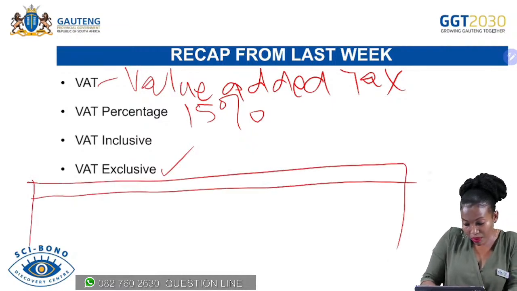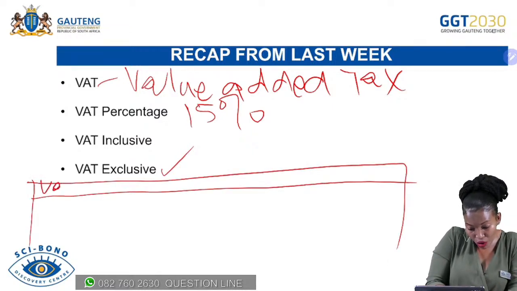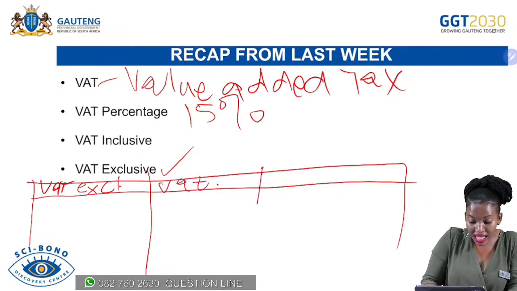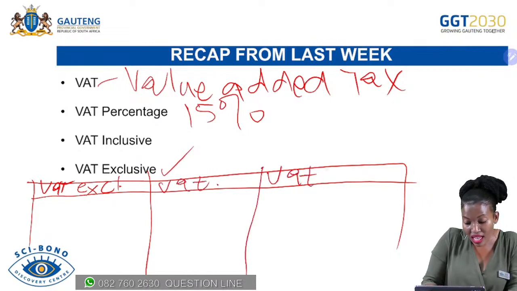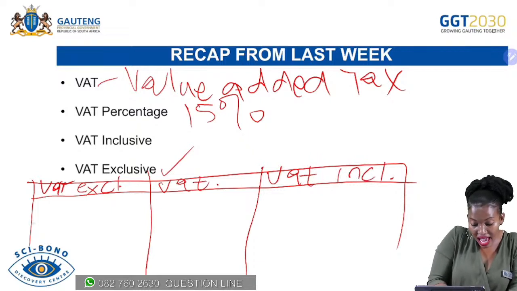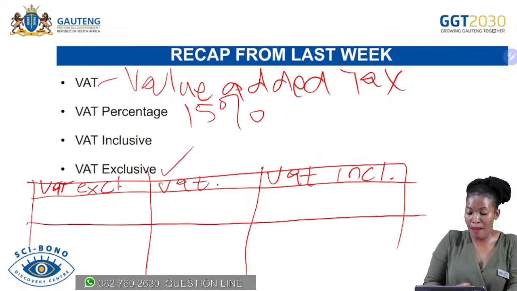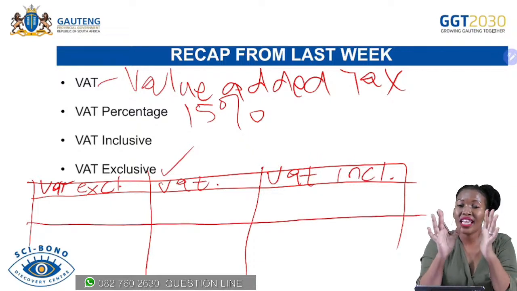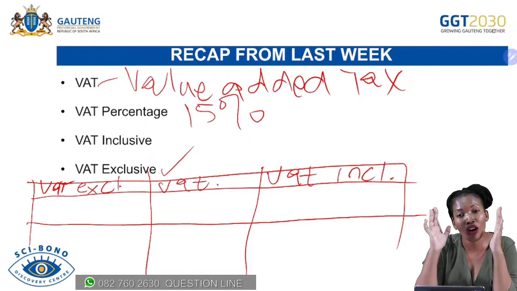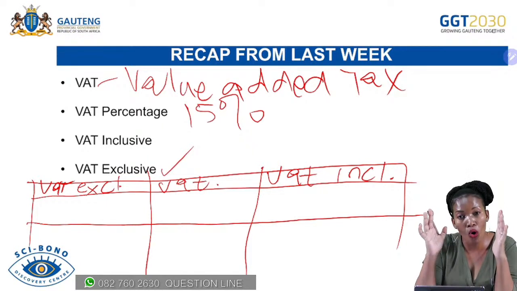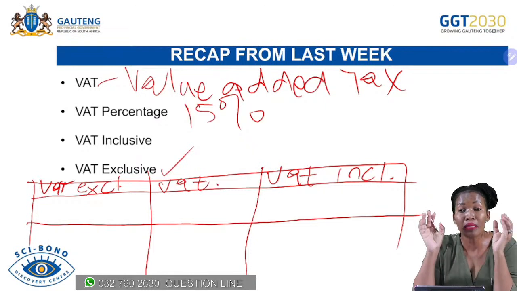So just to summarize this in a table, remember last week we said the first column will always represent the VAT exclusive, and then the second column would be the VAT, and then the last column would be the VAT inclusive. So here you work with the numbers. A VAT exclusive is the original. It is the amount as a whole. And as a whole, remember, with VAT we talk about percentages.